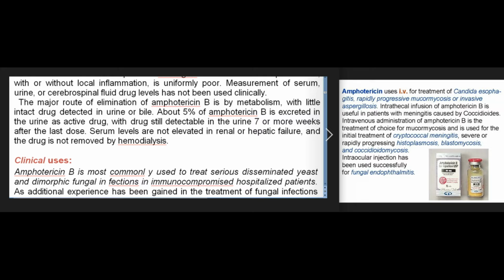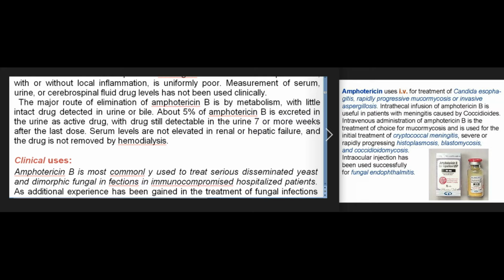The major route of elimination of amphotericin B is by metabolism, with little intact drug detected in urine or bile. About 5% of amphotericin B is excreted in the urine as active drug, with drug still detectable in the urine 7 or more weeks after the last dose. Serum levels are not elevated in renal or hepatic failure, and the drug is not removed by hemodialysis.